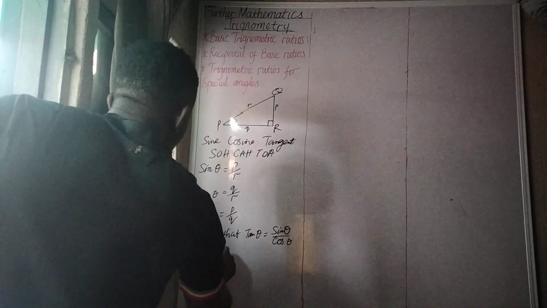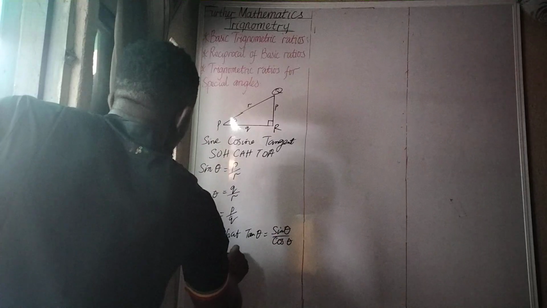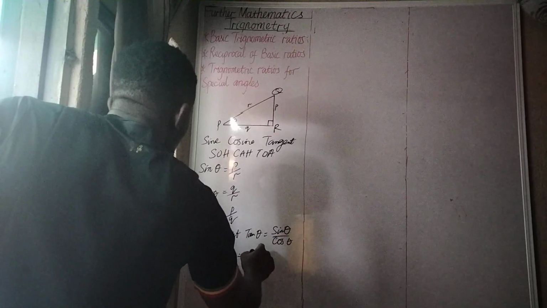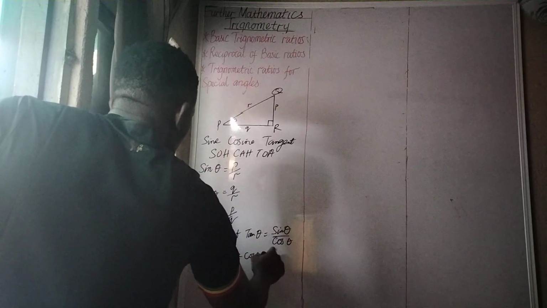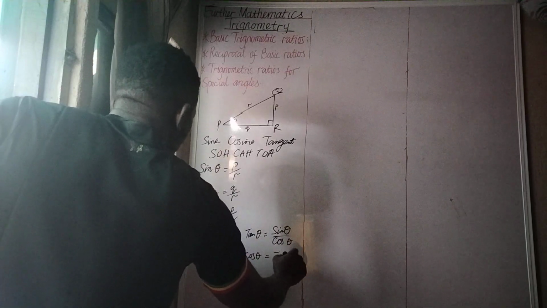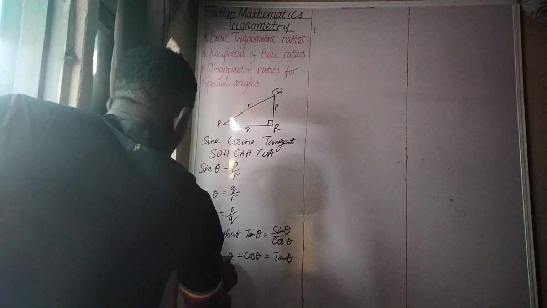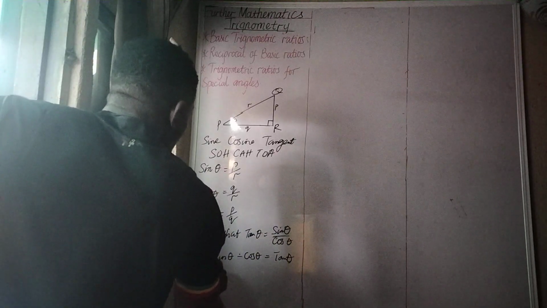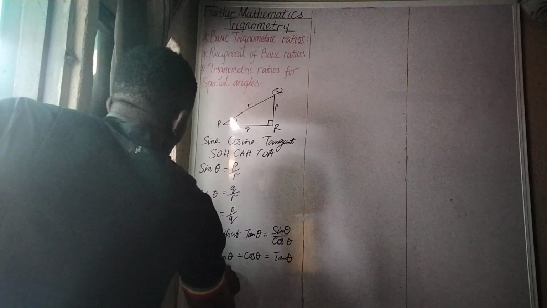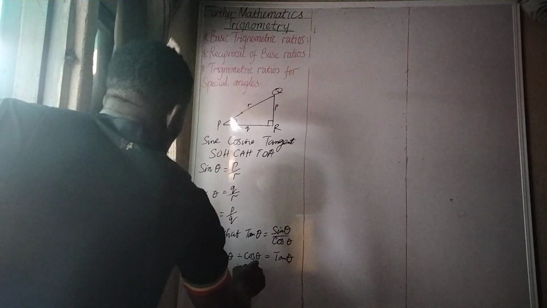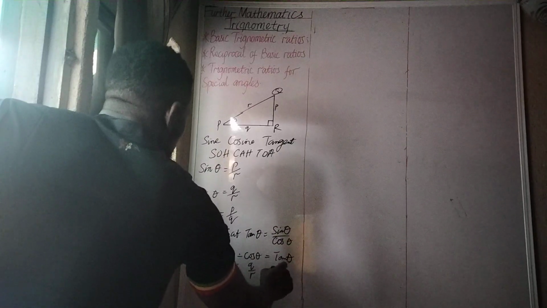We have that sine theta, when divided by cos theta, will give tan theta. From our basic trig ratio here, we have p over r divided by q over r. Let's see whether it will give us tan theta.